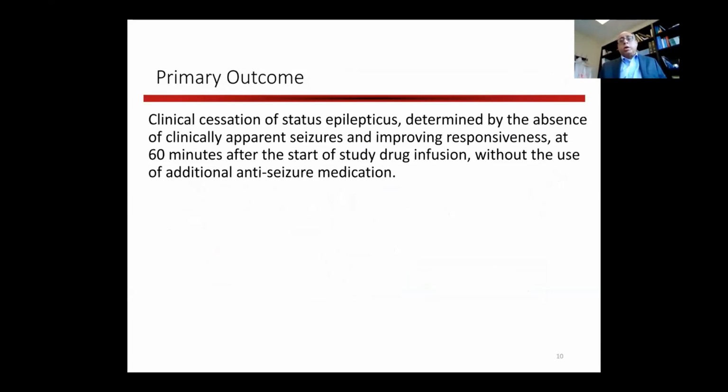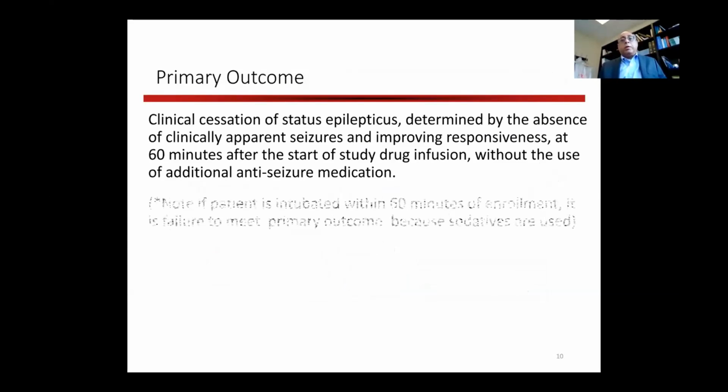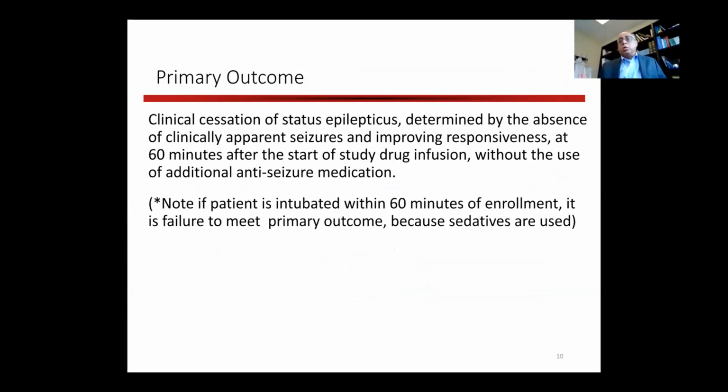Also, there was no other medication needed to terminate seizures over that hour. If a patient needed to be intubated, they were considered a failure because we use sedative anticonvulsants such as midazolam to intubate patients.